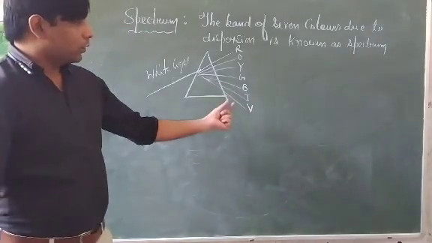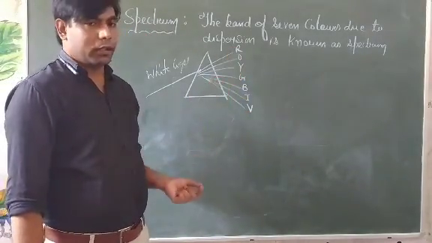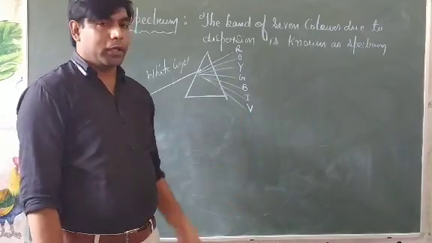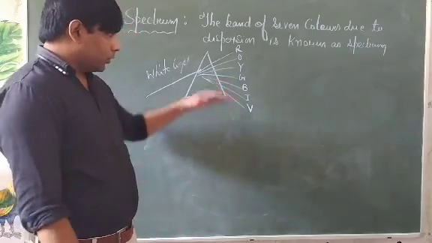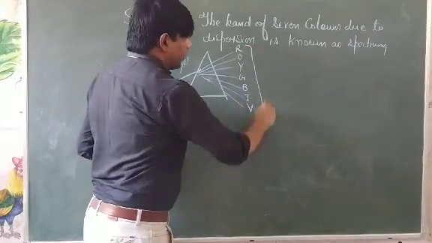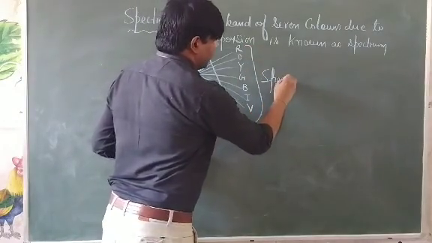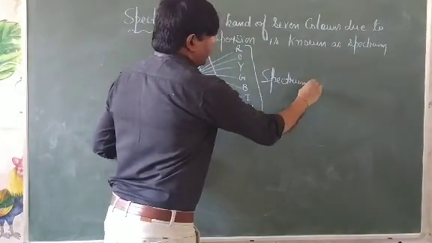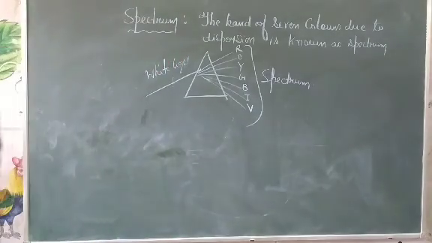That is the sequence. The least deviated was red, the most deviated was violet. This whole band of color is known as the spectrum, right?